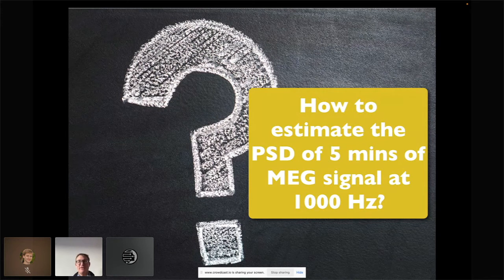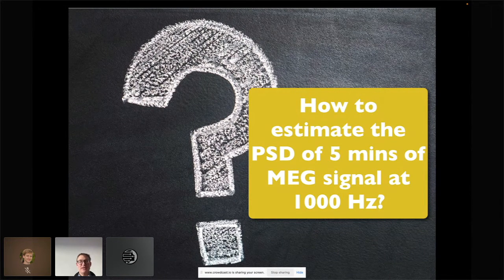And now I give you 5 minutes of data, sampled at 1 kilohertz, and I ask you to compute the power spectral density of this. So I guess one natural answer, at least from some of you, would be: I'm going to compute the Fourier transform of the signal, which gives me the Fourier coefficients, and I'm going to square their magnitude, and that's going to give me my power spectral density.